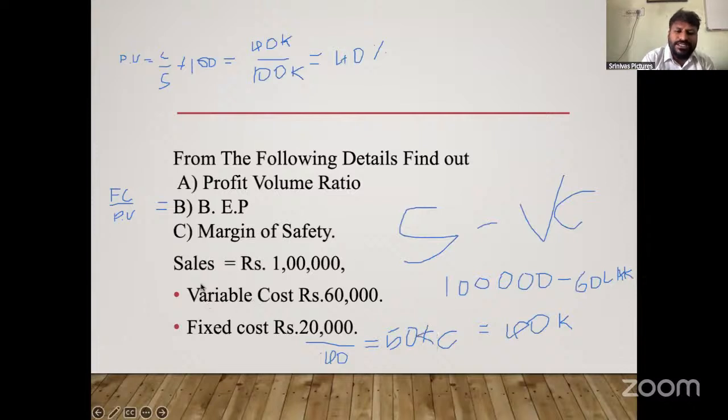The next one is the margin of safety. Simple: using the break-even answer, whatever is there, margin of safety is actual sales minus break-even sales.